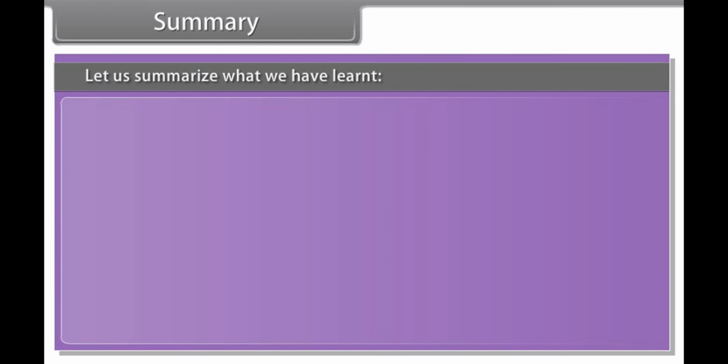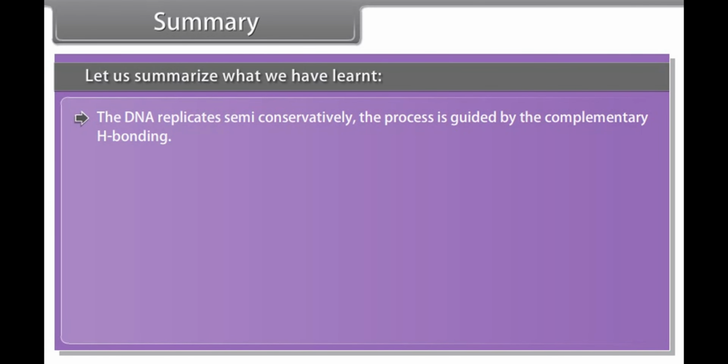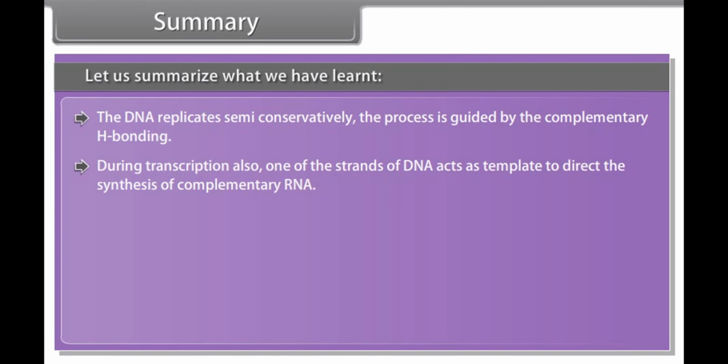Summary. Let us summarize what we have learned. The DNA replicates semi-conservatively. The process is guided by complementary H bonding. During transcription also, one of the strands of DNA acts as a template to direct the synthesis of complementary RNA.